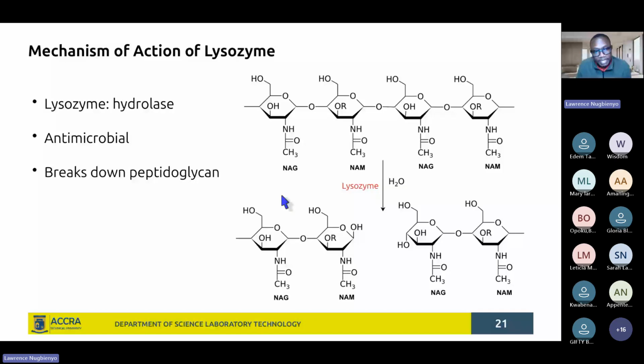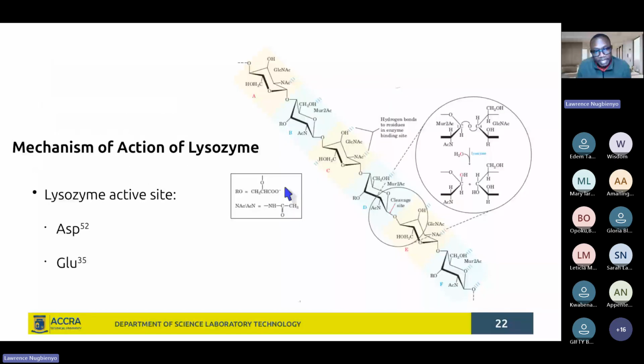If you zoom into it more, we see, in the active center of lysozyme, there are two amino acids there. Aspartic acid 52. Already you know what that number means. Glutamic acid 35. Now these two will have some hydrogen bonding.